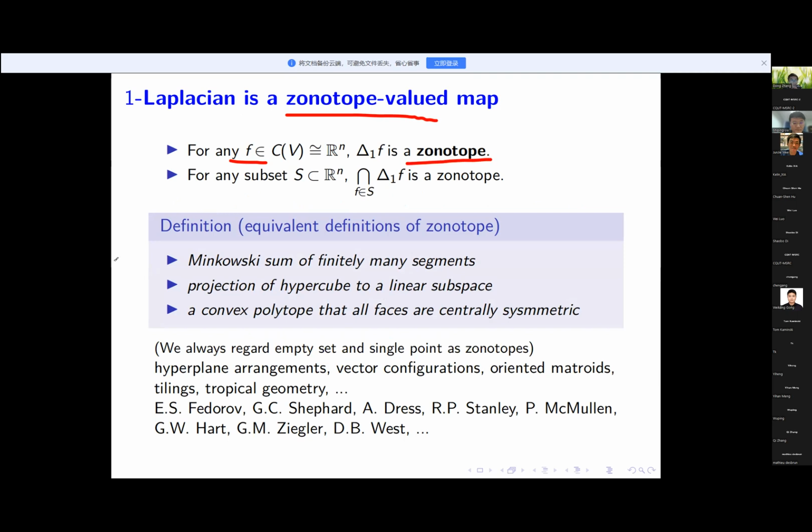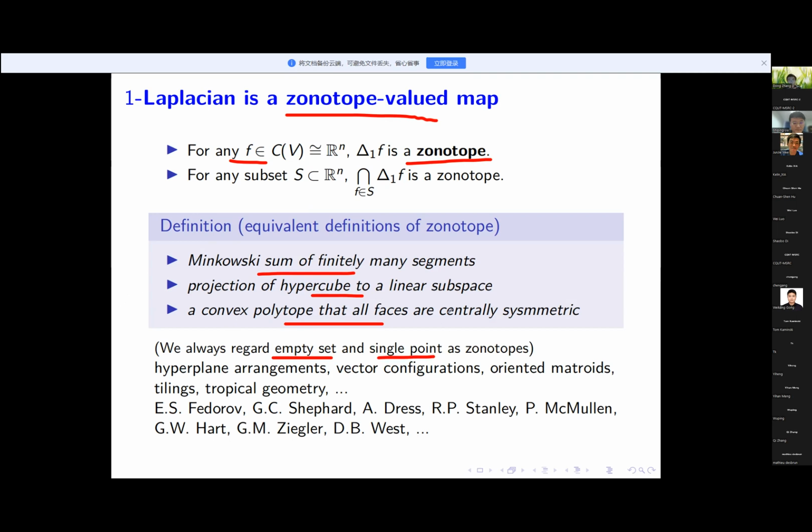It is a Minkowski sum of finitely many segments. It is a projection of a hypercube to a linear subspace. It is a convex polytope whose faces are all centrally symmetric. All these definitions are equivalent. For convenience, we regard the empty set and a single point as zonotopes.